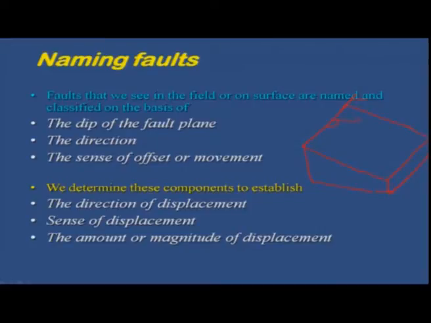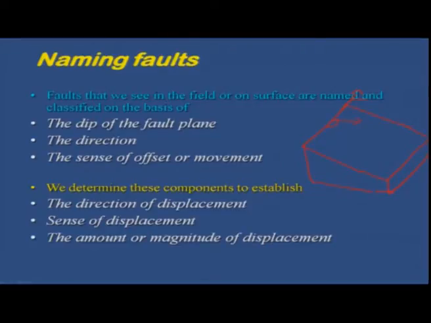Similarly, we also look at the offset, and then we measure the amount of displacement, direction of displacement, and the sense of displacement.